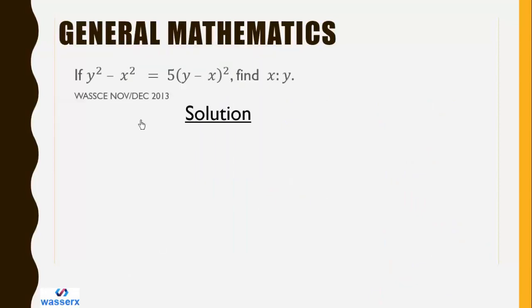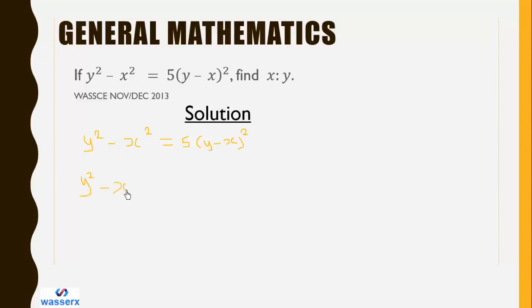Let's take one more. If y squared minus x squared is equal to 5 into bracket y minus x all squared, find x is to y. So this is equal to 5 into y minus x all squared. So the trick is to expand.